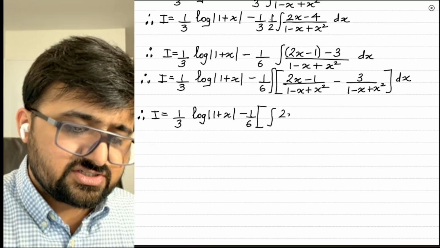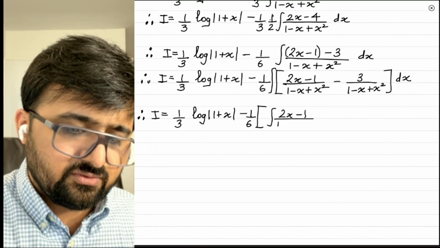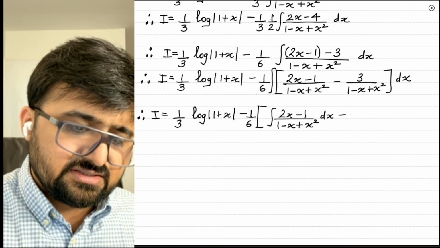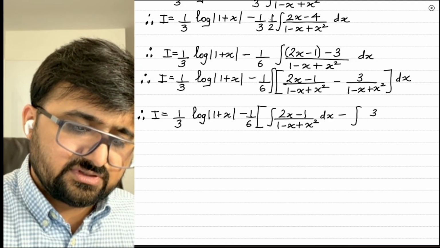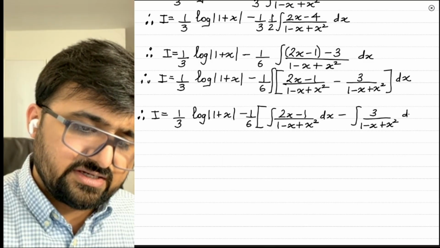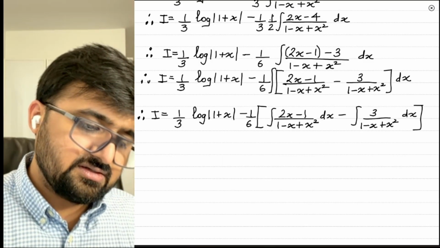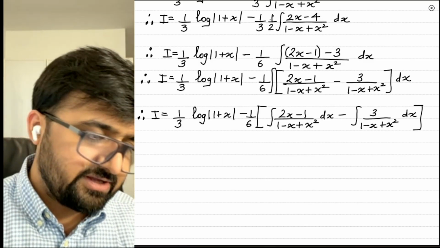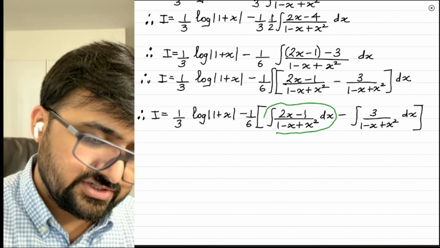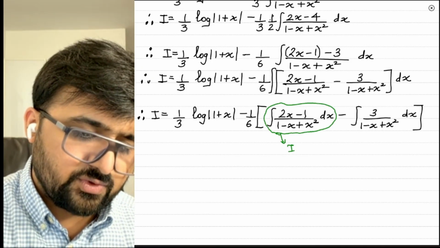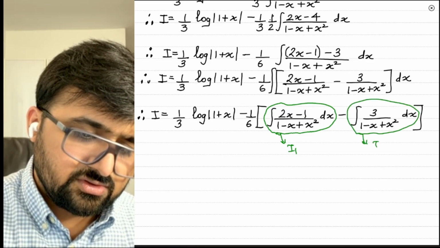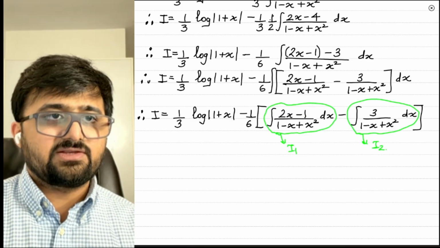So we have integration of 2x minus 1 upon 1 minus x plus x square dx, minus integration of 3 upon 1 minus x plus x square dx. Now we have two integrations to evaluate. This is the first integration, which is I1, and this is the second integration, I2.